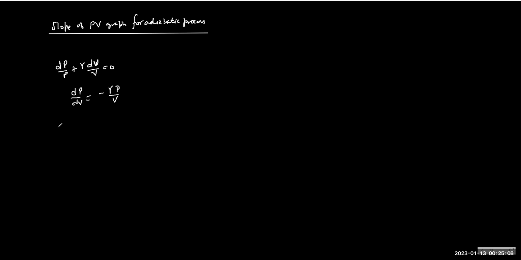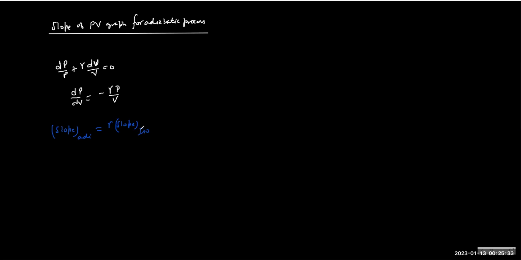So can we say that it is interesting? This is important for you. Slope of the adiabatic process is gamma times the slope of isothermal. Can we say this, guys?